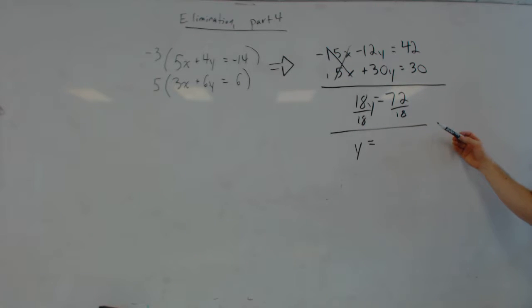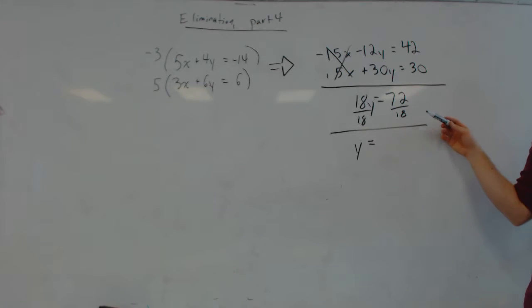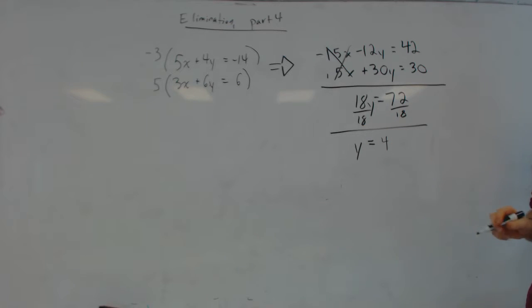The first thing that I'm thinking of is what numbers times 8 give me a 2 in the ones place? That's what I always do. Right? So I know 8 times 3 is 24. 8 times 4 is 32. And so then by doing that, I usually can find the answer if it actually works, right? And 18 times 4 is 72. So my y is 4.